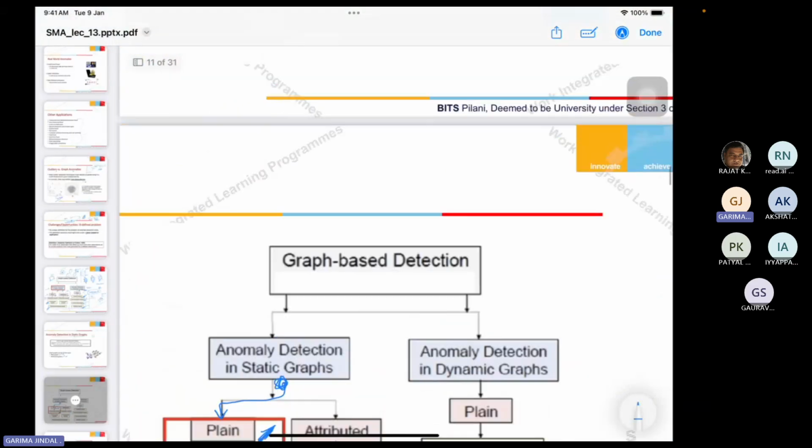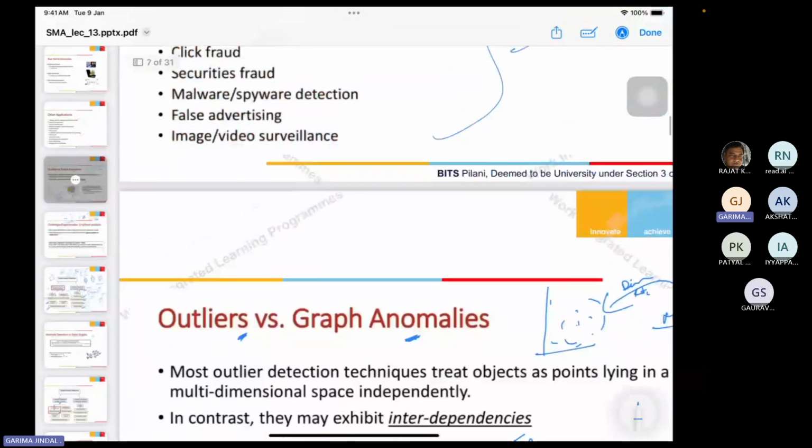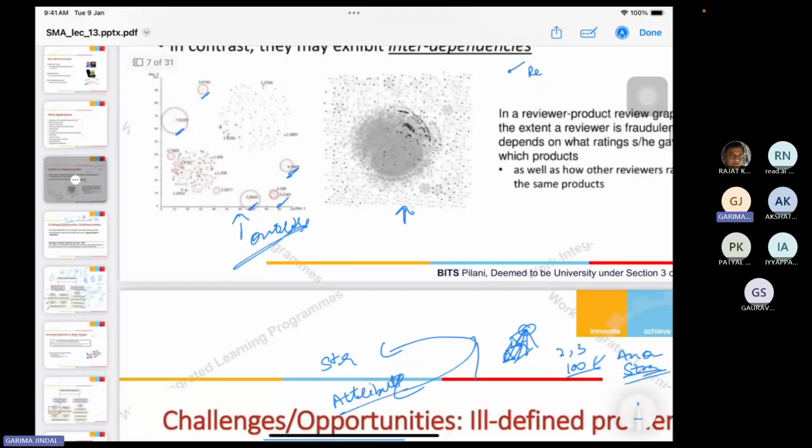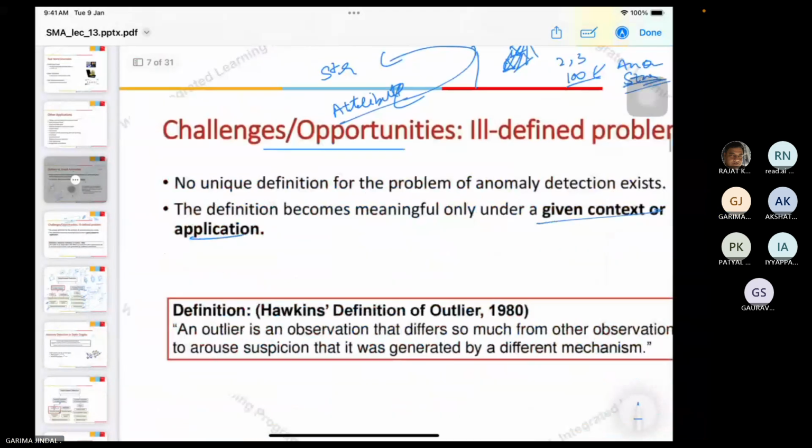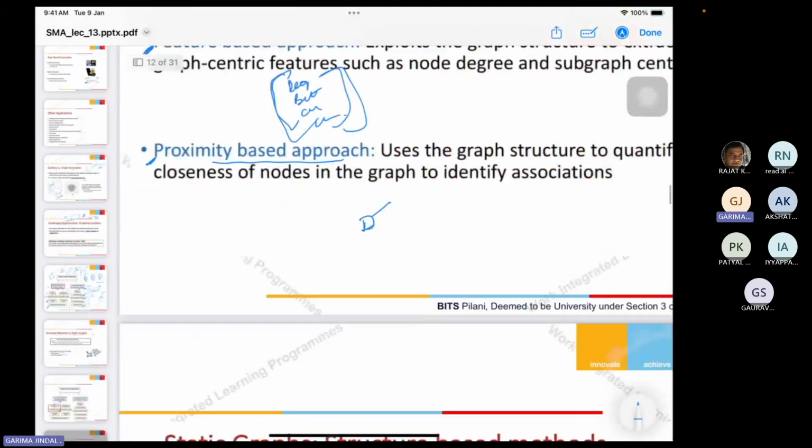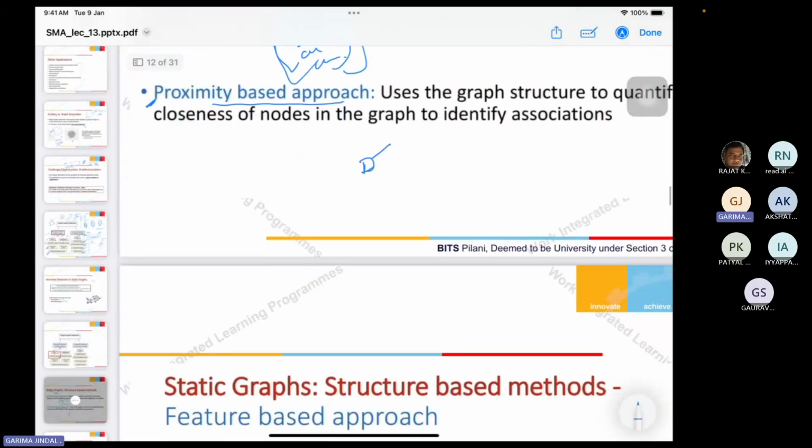The idea is very similar to the idea of outliers. You assume that this is the graph, and somehow you quantify the distance of the node. If the distance is more, then you can categorize that node as an anomaly. That is the proximity-based approach.